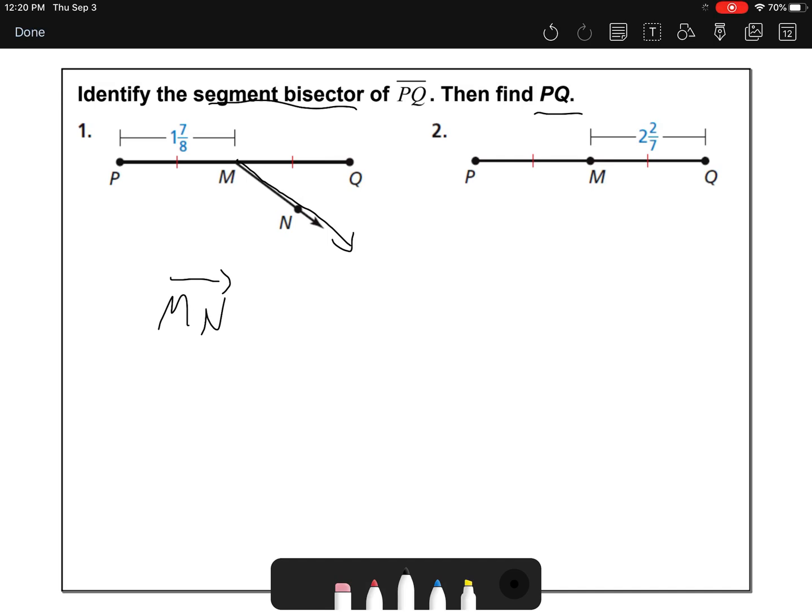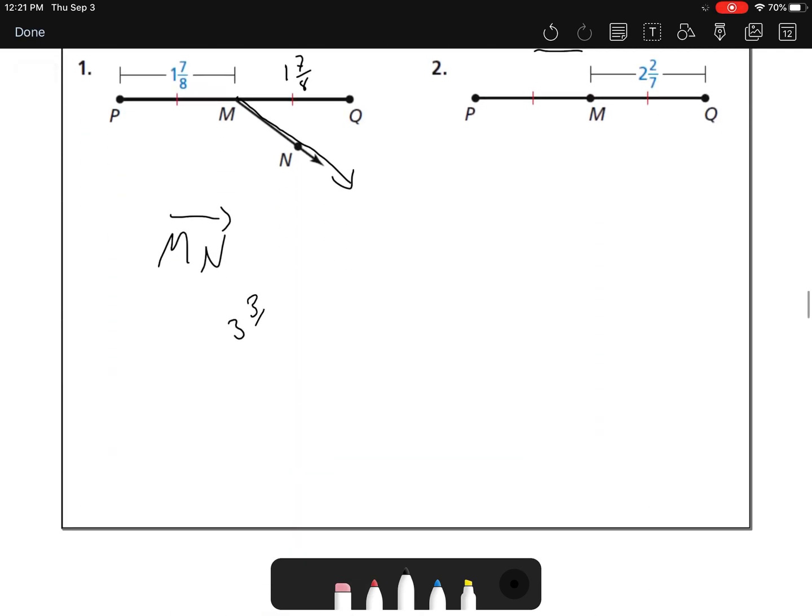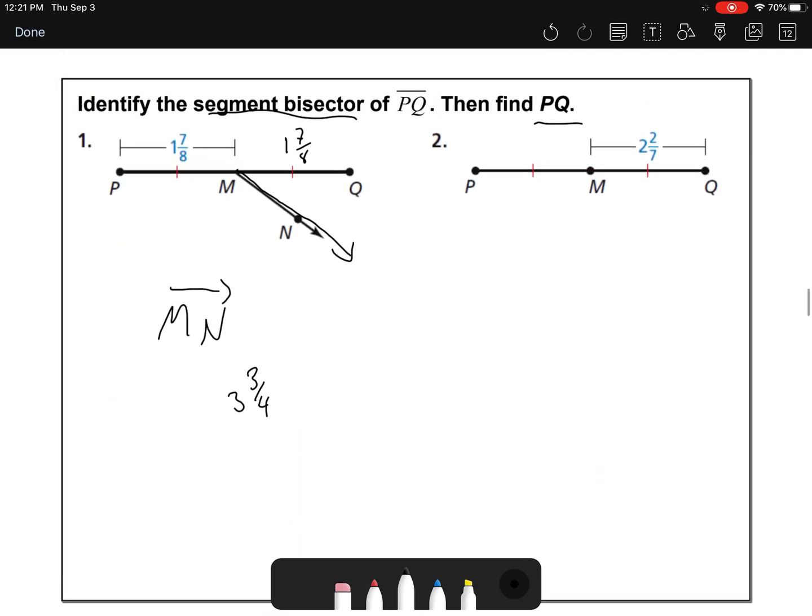So ray MN is the segment bisector. Now we want to know what's the length of PQ. Well, if PM is 1 7/8, then MQ is 1 7/8. So if we add those two together, we'd have PQ, which would be 3¾ I believe.